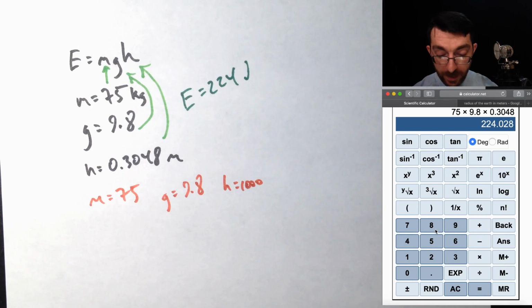Okay, so we just have to do mgh here. M, that's 75, times g, that's 9.8, times h, 1,000. Okay, 735,000 joules. Right.